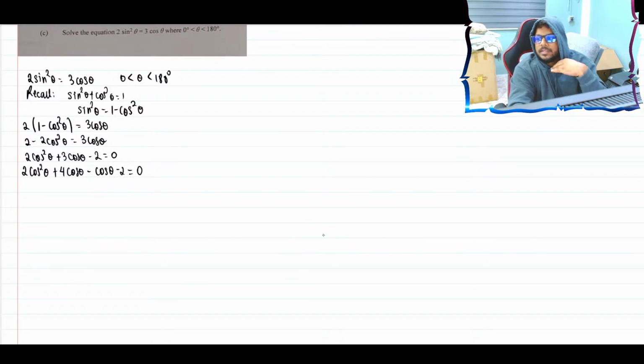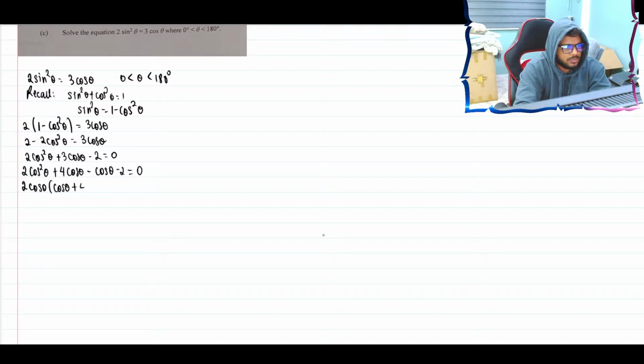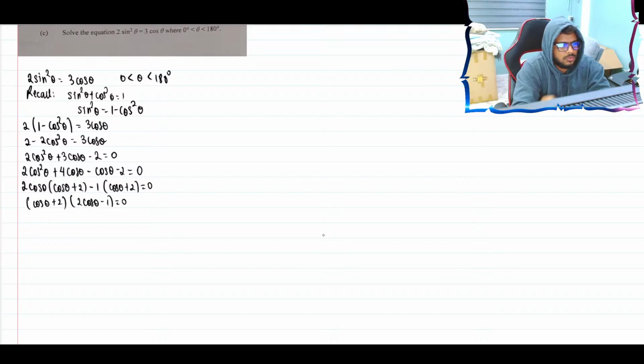Again, if you let x be cosine theta, you're good to go. 2 cosine theta into cosine theta plus 2, take away 1 into cosine theta plus 2 is 0. Cos theta plus 2 into 2 cos theta minus 1 is 0.